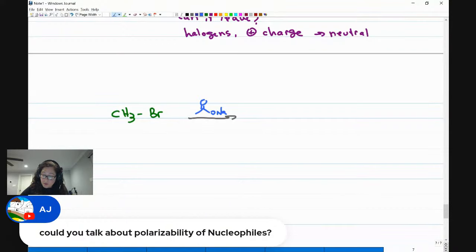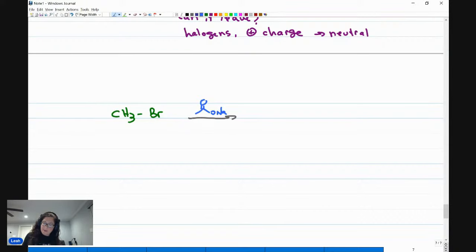Typically, we're not going to see really, well, actually, you are going to see some really, really strong negatives. But once you get to the difference between SN and E, you're going to have to choose between your nucleophile and your base. In a situation like this, the ethoxide has resonance. I drew it like this, where the negative charge sits at the bottom right. But this molecule can resonate.